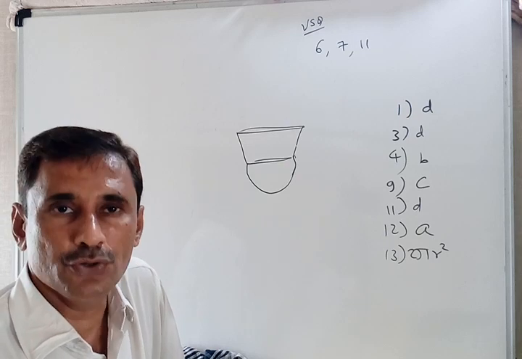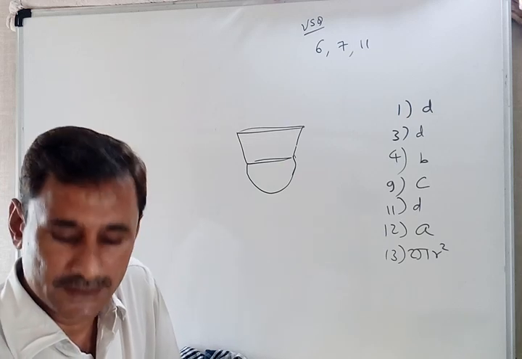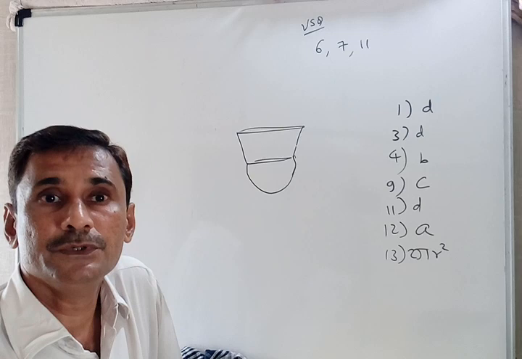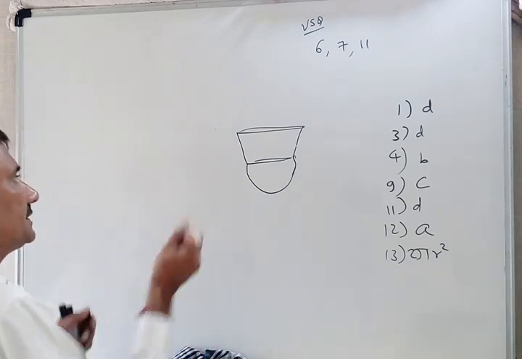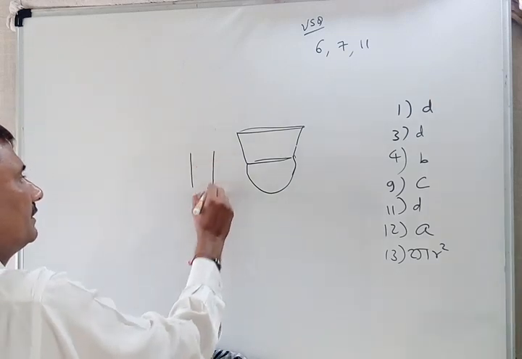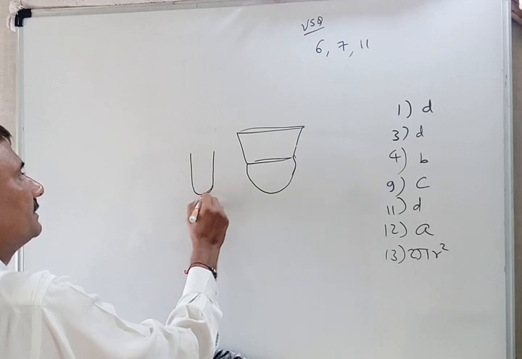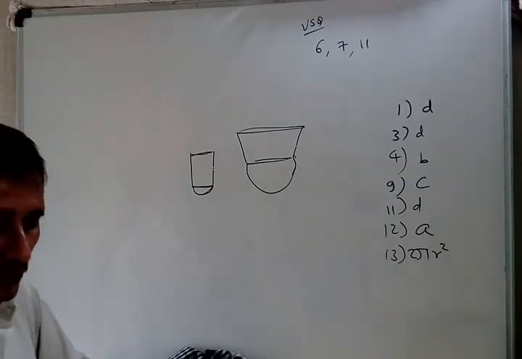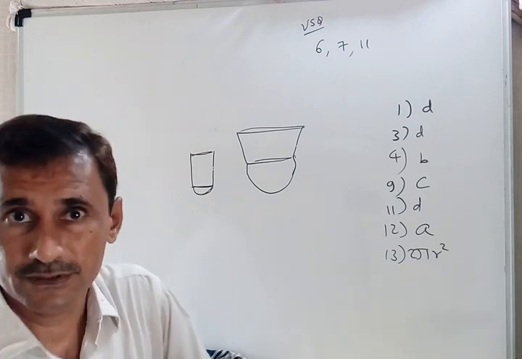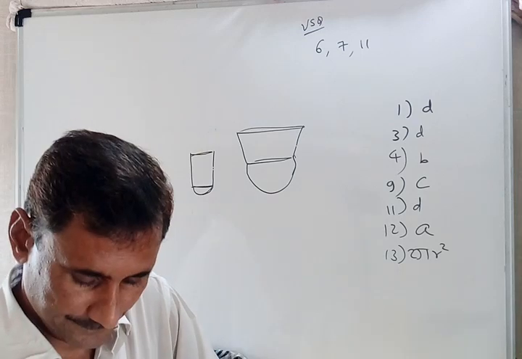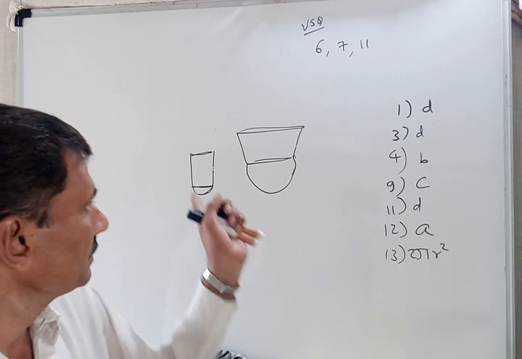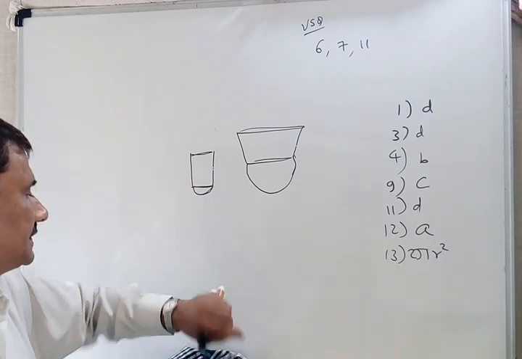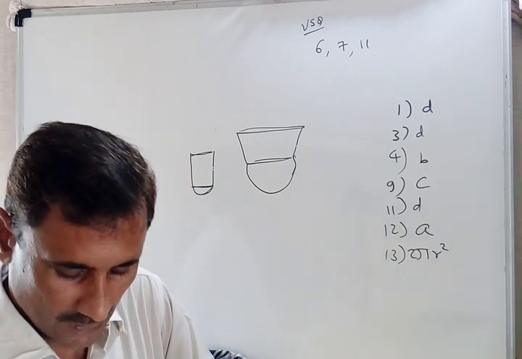Playing dice. Cube. Test tube. Test tube is a cylinder as well as a hemisphere, just like that. So here cylinder plus hemisphere. Okay, so the shapes of all these are given.